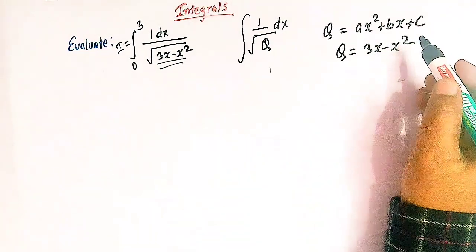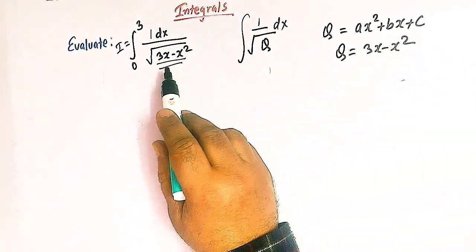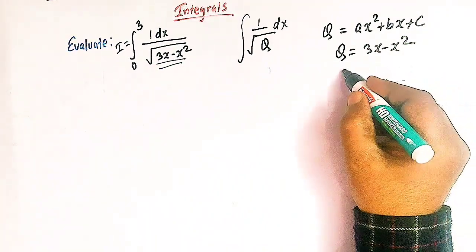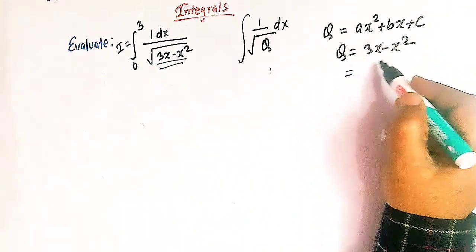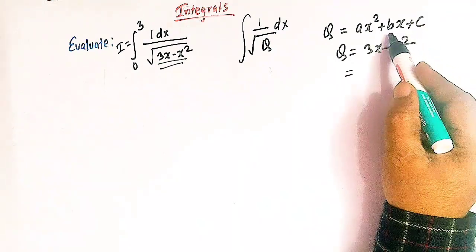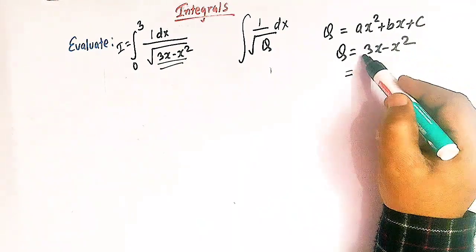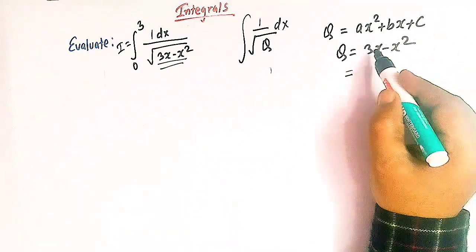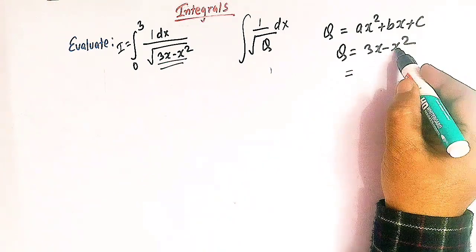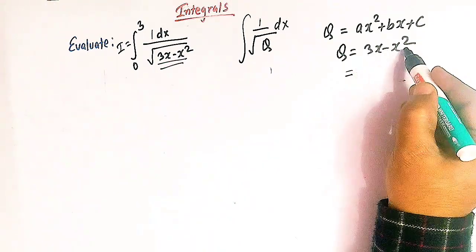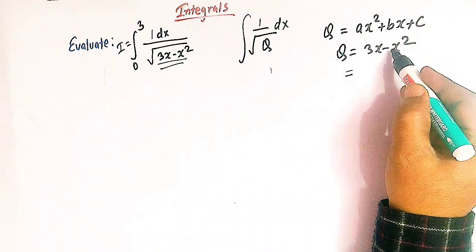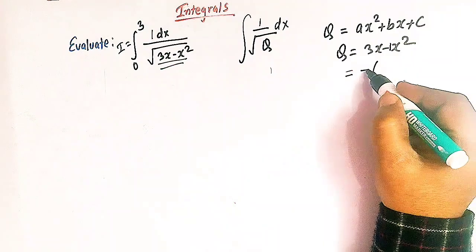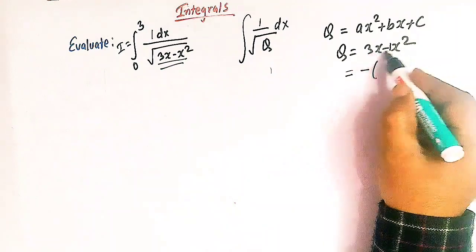Okay, so now to solve these type of integrals, what we usually do, we try to make a perfect square, that is we'll try to express this quadratic polynomial in terms of a perfect square, right? So for this what we will do, we'll first take, because here the coefficient of x square is minus 1, so first step is to take negative sign common from these two terms.